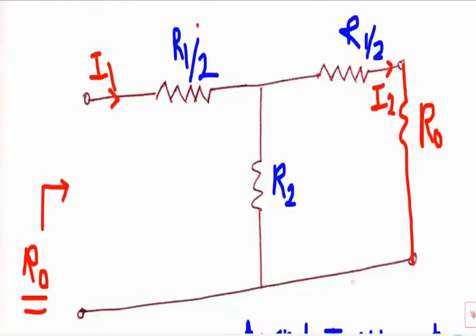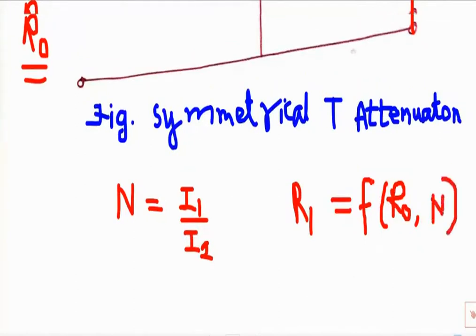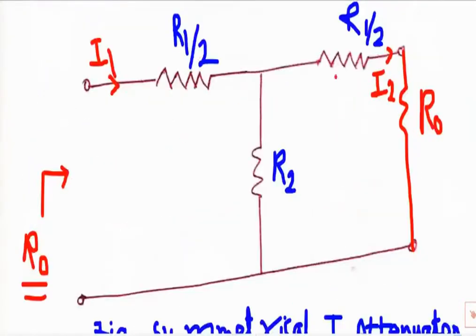R1 I can express in terms of R0 and capital N. By doing the derivation, using the current division rule, you will get I2 in terms of I1.